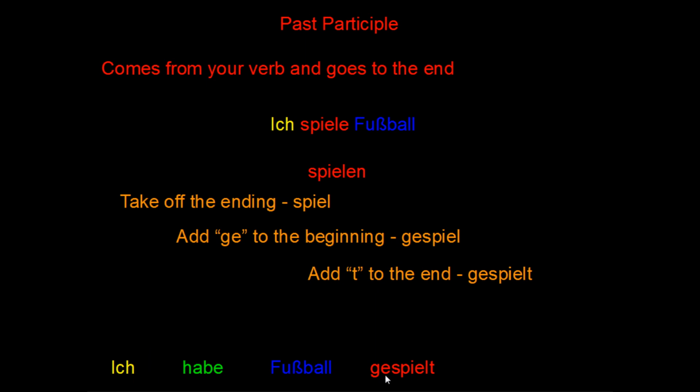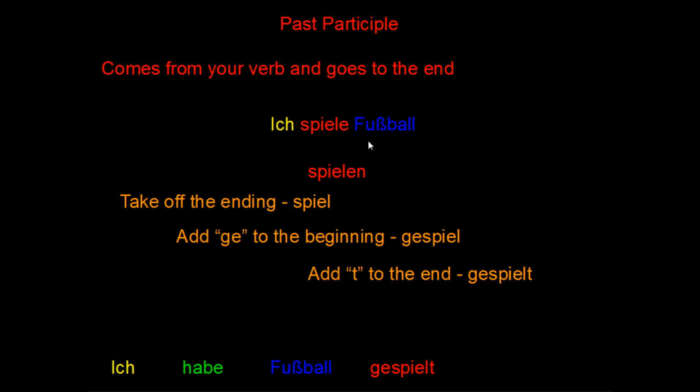Let's just recap everything. So you have a subject, which is ich, which is the same as your present tense. You have an auxiliary verb, in this case habe, which comes from the right part of haben or sein. So you choose the verb you need, then you choose the right ending. Then you have Fußball, which comes from your original sentence and doesn't change, your object.